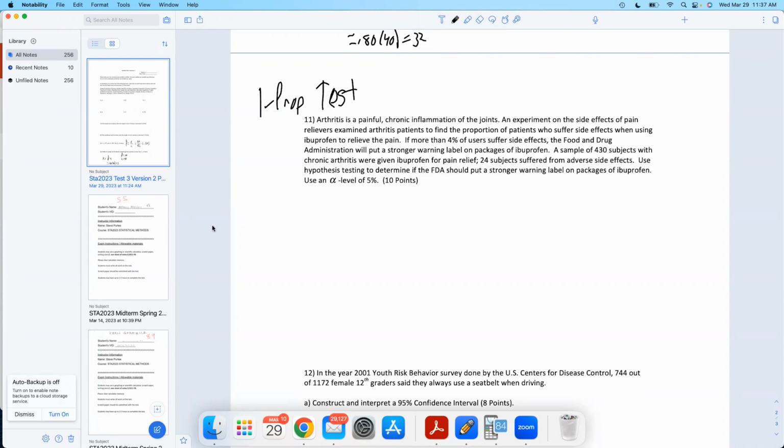Okay, so first thing we're going to do is define our variable. Everything you're going to see me write here is required. Let P be the proportion of... without even reading the question, I know I'm going to have to write that. I got a sample of 430. They were given ibuprofen. So there's my population, people with arthritis given ibuprofen.